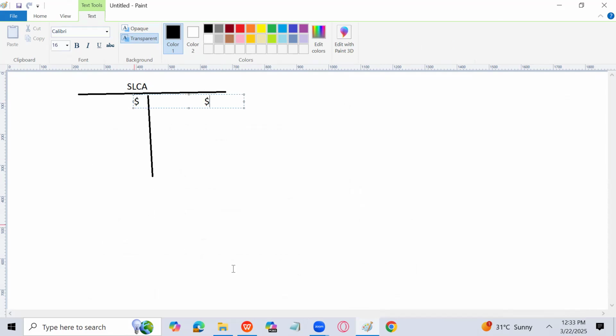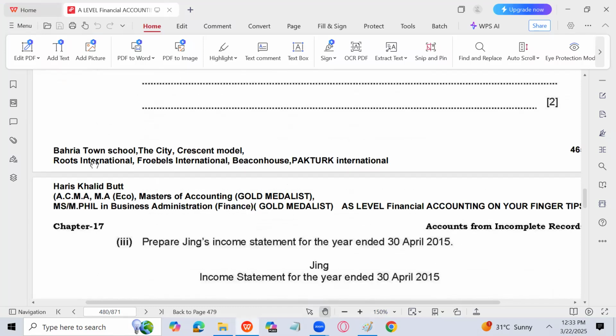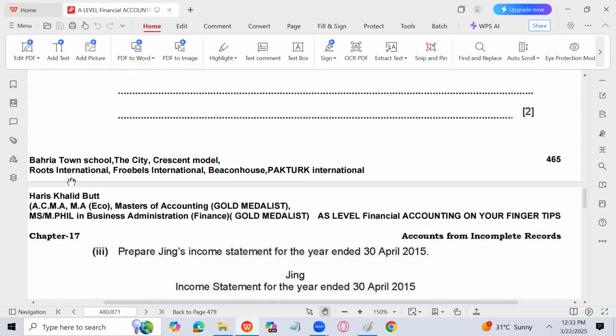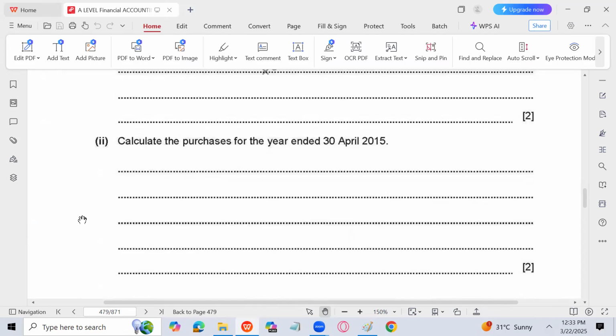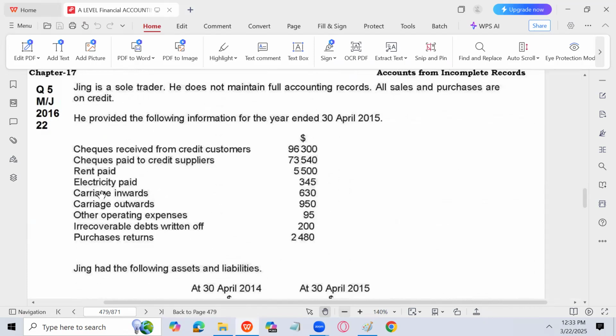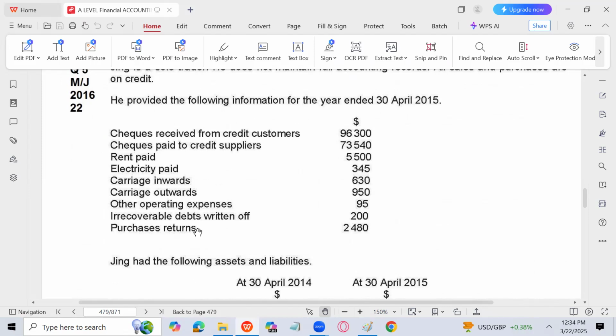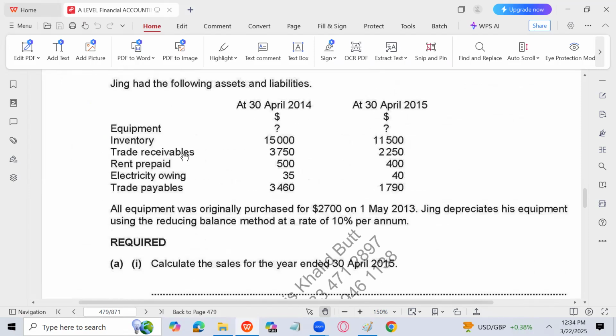Let me see the page number. May/June 2016, Paper 22, page number 465, question number 5. So trade receivables at the start, at the beginning, how much?